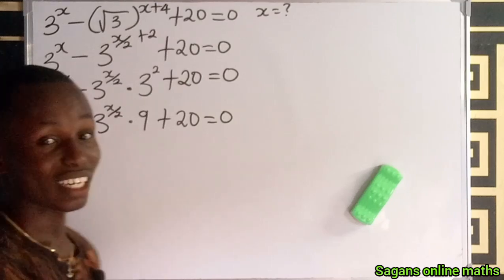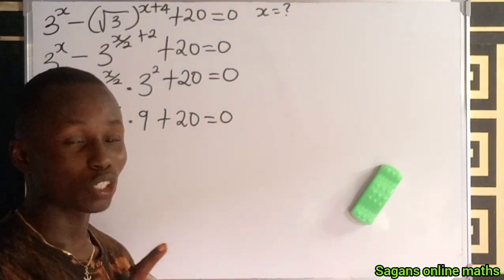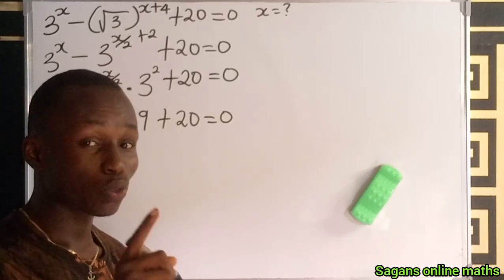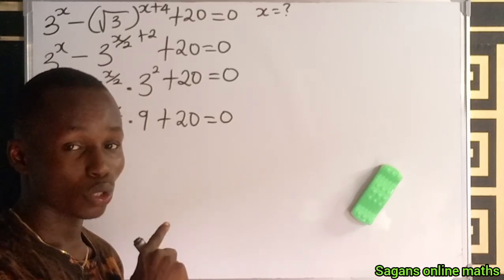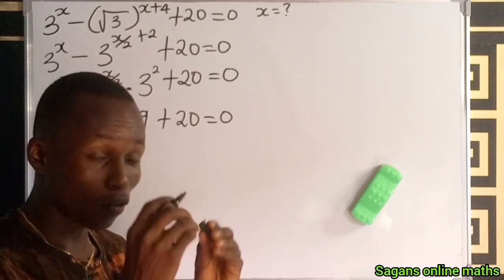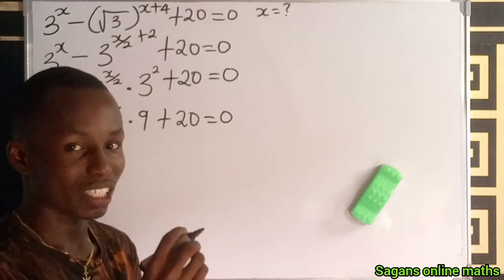Now what are we going to do here? Now here you apply your knowledge of indices. If you do not understand indices very well, you will find it very difficult to solve this. But let me show you the beautiful part of indices, the lovely and appealing part, that maybe you'll be shocked by.